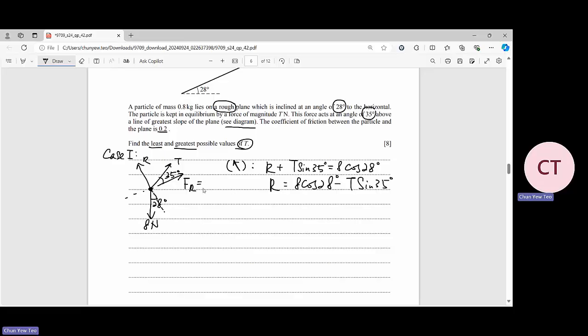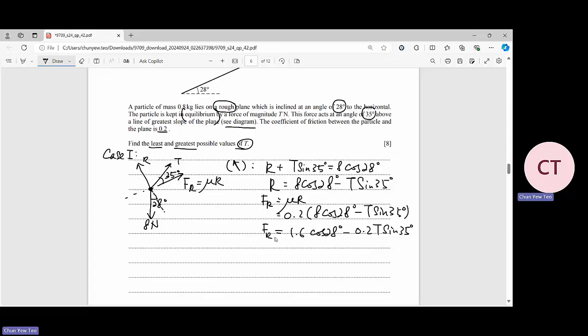I will consider this as reaching limiting equilibrium, because we want to find the least and the greatest possible value of T. Although the question mentioned equilibrium, in order to find the greatest and the least value of T, we need to assume that they are at the limiting equilibrium stage. So our F_R is equal to mu R, which is 0.2 times 8 cos 28 minus T sin 35. As usual, I do not plan to press the calculator like that. I just leave it in this form.